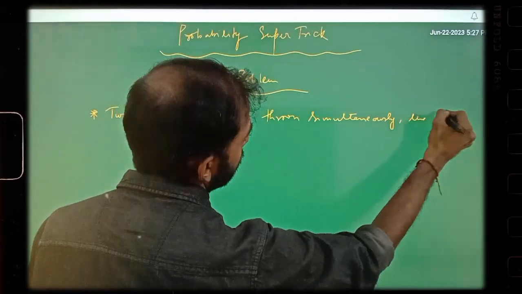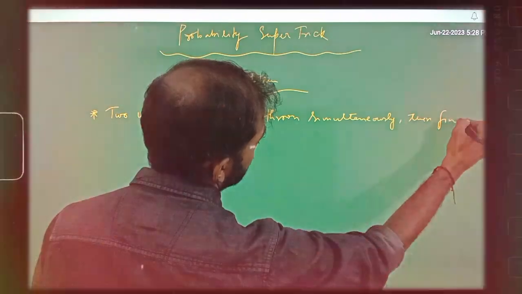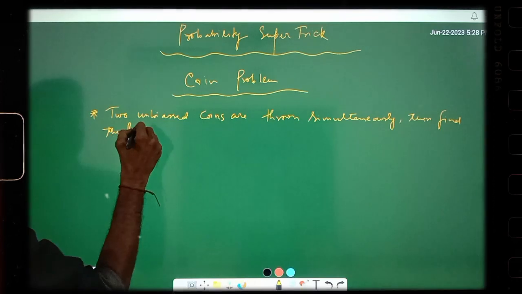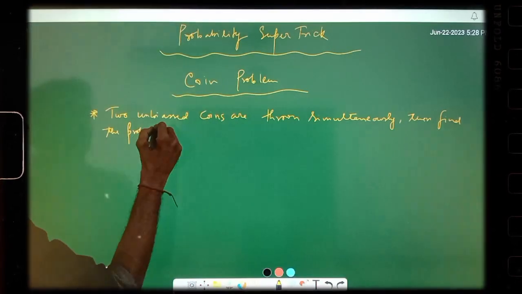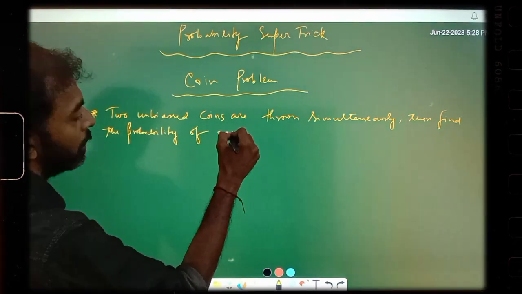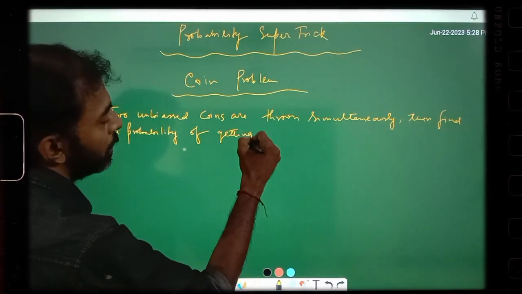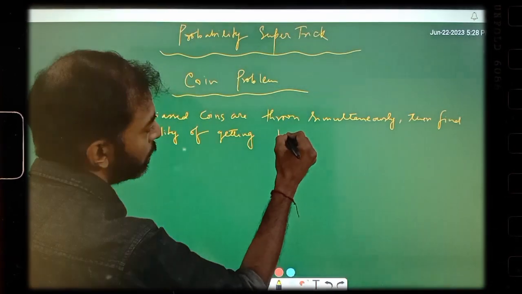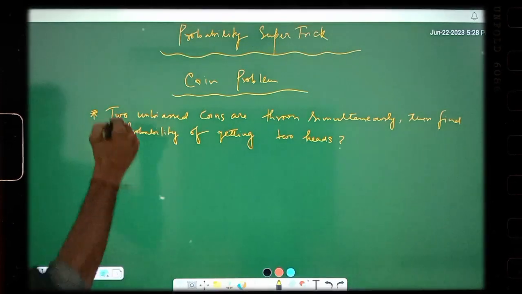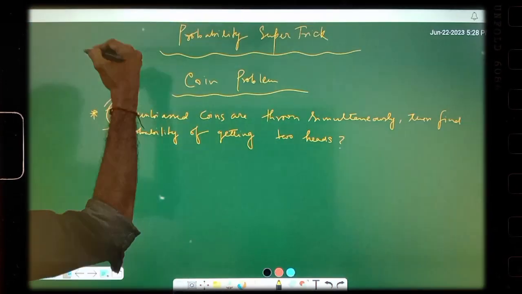Then find the probability of getting two heads. It may be 2, it may be 3, it may be 4.